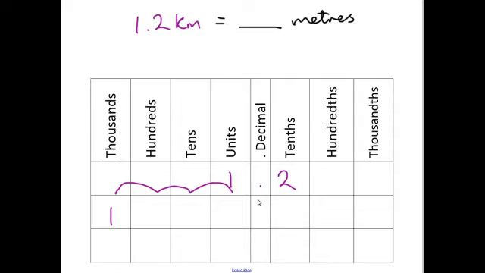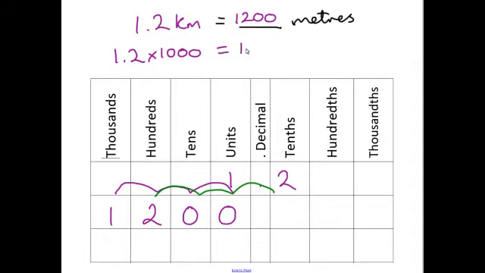The 2 also makes 3 jumps and ends up in the hundreds column. Then we need 2 placeholder zeros. So 1.2 kilometers in meters would be 1,200. We multiplied 1.2 by 1,000, which gives us 1,200.